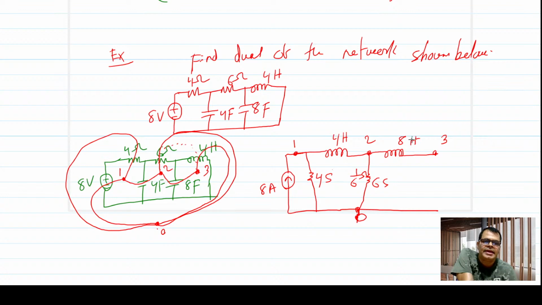Then 3 to 0, that is the 4 Henry, so that will be 4 farad. Now we have drawn the dual of this circuit. Hope it is clear.